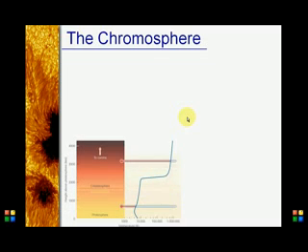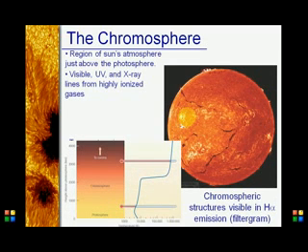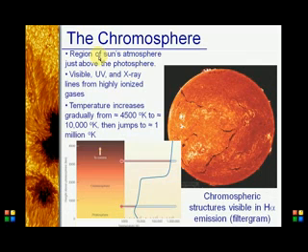Okay, the chromosphere. It's the region of the Sun's atmosphere just above the photosphere, and it's visible in the UV and X-ray lines from highly ionized gases. Temperature increases gradually from 4,500 kelvins to 10,000 kelvins, then jumps to 1 million kelvins.